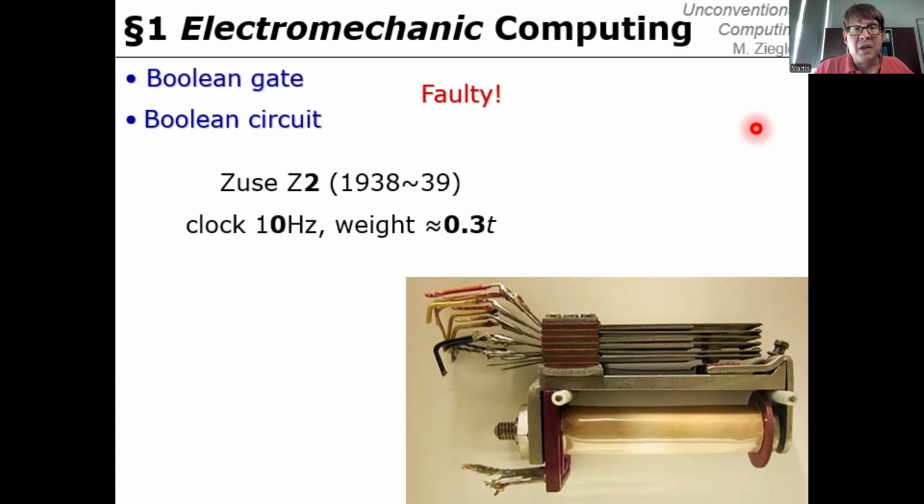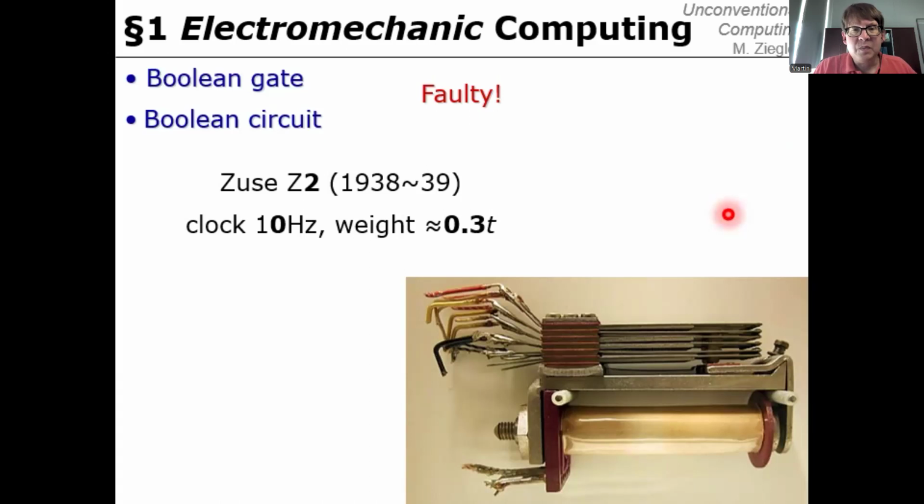I mean, you can imagine that this works reliably, and it had to work reliably because it had been used in the German telecommunication system for years, for decades. So it must have been reliable.